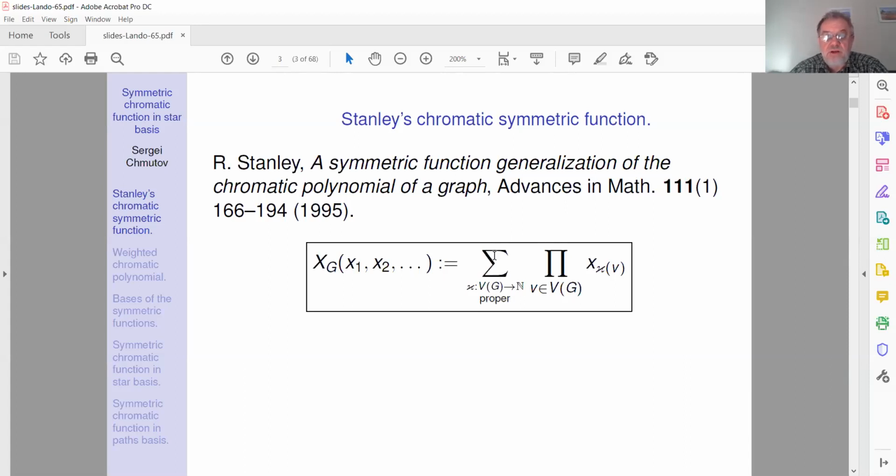And proper means that adjacent vertices are colored by different colors, the vertices which are connected by an edge.